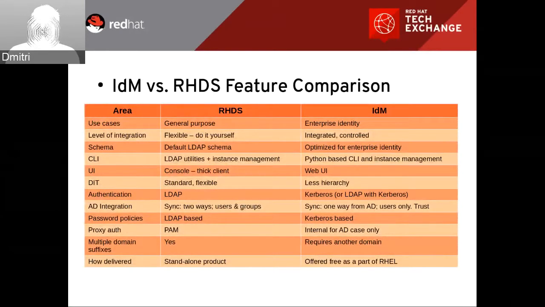So let's go through this table. First of all, the use cases. As I mentioned, Red Hat Directory Server is a general purpose directory server that can be used for any kind of application. Yes, it can be used for internal identities too, as it has been in the past, but it is easily replaceable.